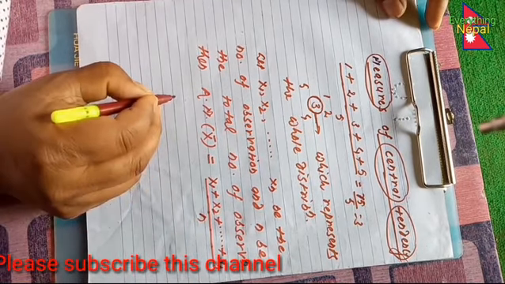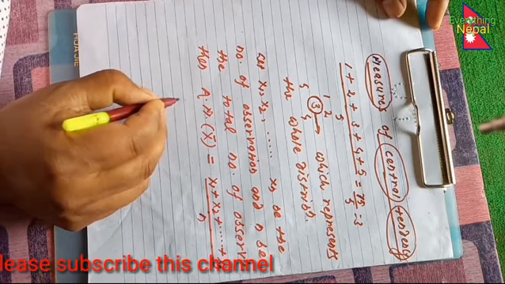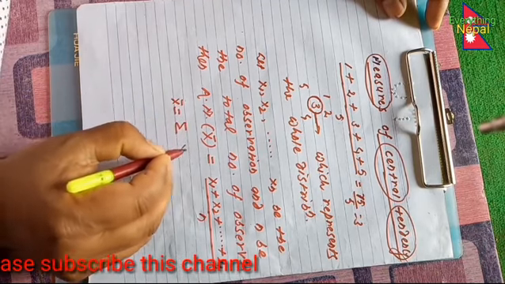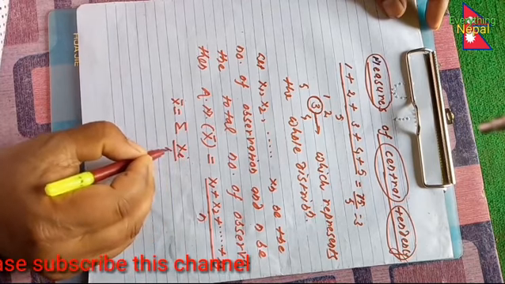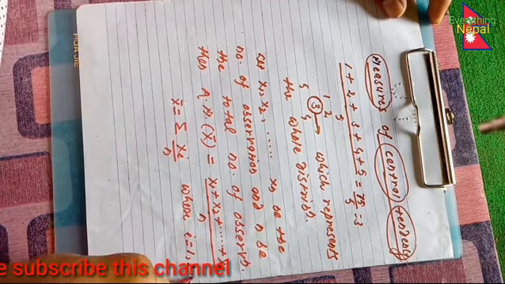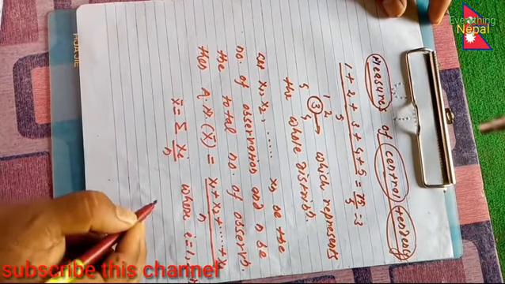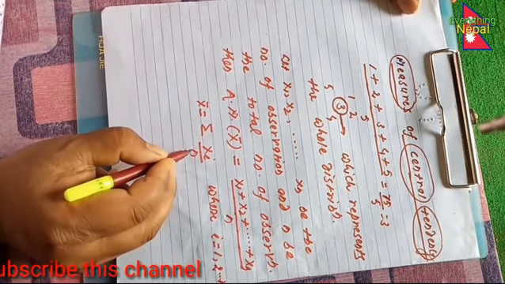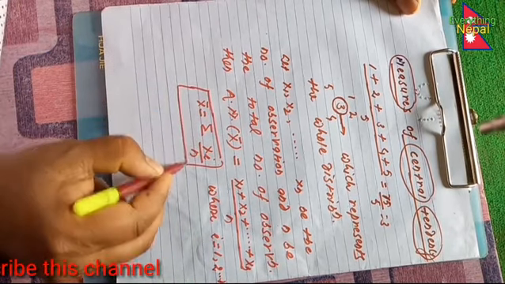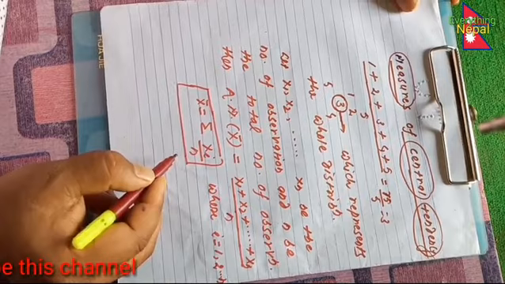And when we sum up these observations, we get x bar is equal to summation xi divided by n, where i runs from 1 to n. So this becomes the formula of the arithmetic mean in case of individual series.